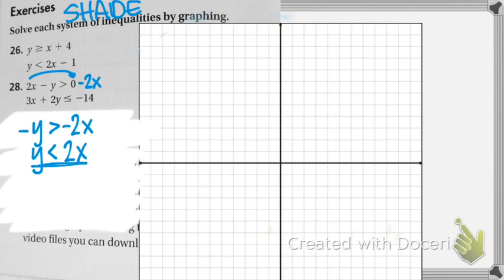So I'm going to graph that one in blue. The y-intercept is 0, so I'm going to put a point there, and I'm going to rise 2, run 1. And then I put a dotted line.